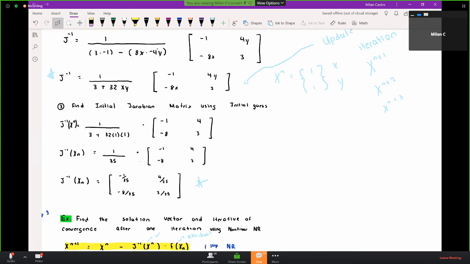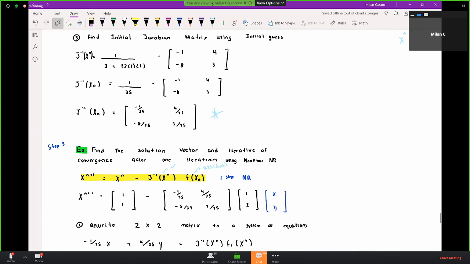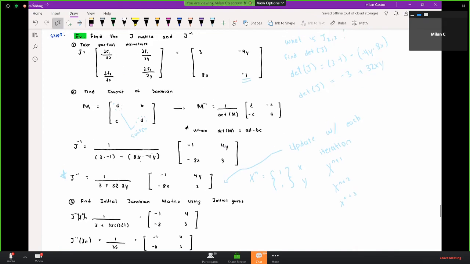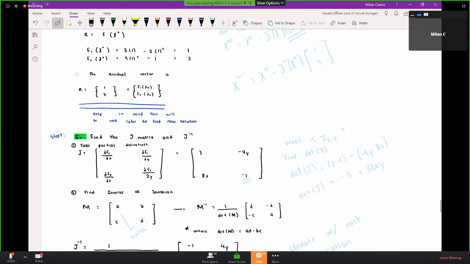So now that we have that, we're going to find our initial Jacobian matrix by plugging in our initial guesses, which were 1 and 1. We plug in 1 for x and 1 for y, and we end up getting negative 1 over 35, 4 over 35, negative 8 over 35, and 3 over 35. Now that we have this, we have almost the complete form of the one-step Newton-Raphson.